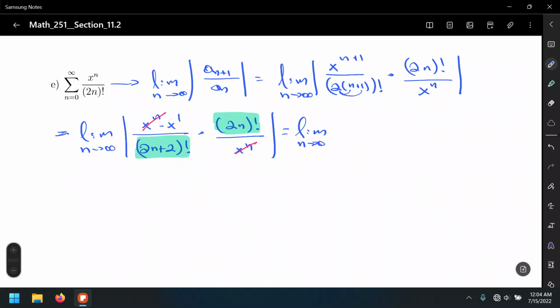So the limit as n approaches infinity of x over 2n plus 2, 2n plus 1, and we keep 2n factorial because it already matches the one over here.